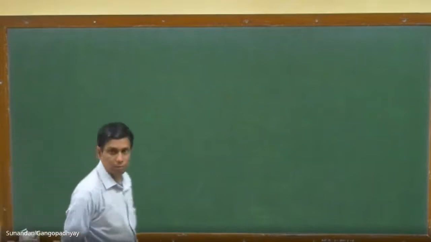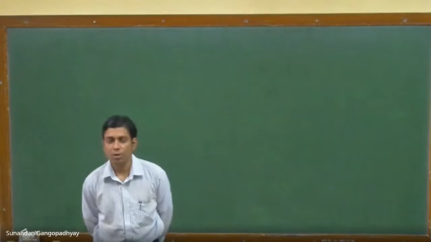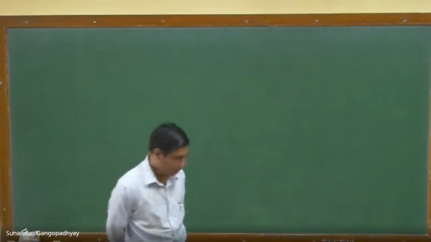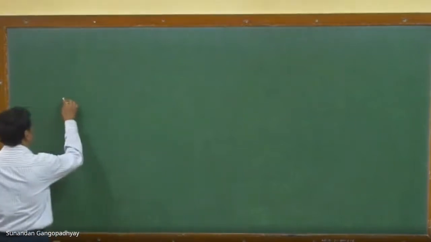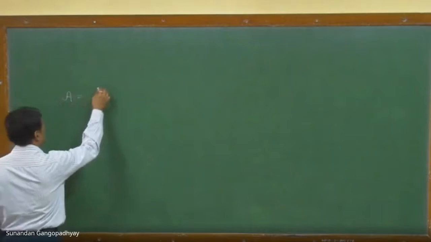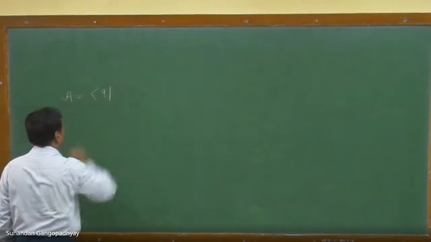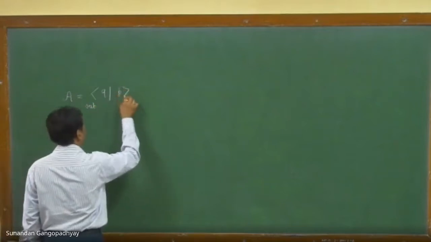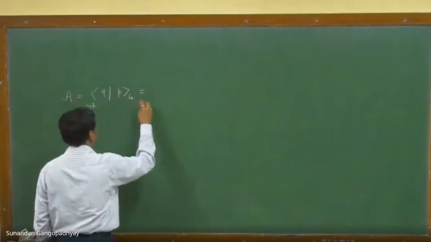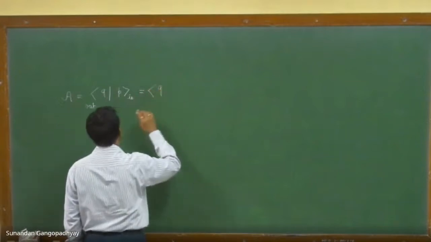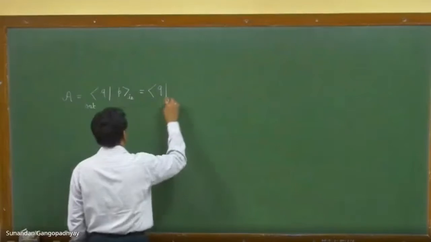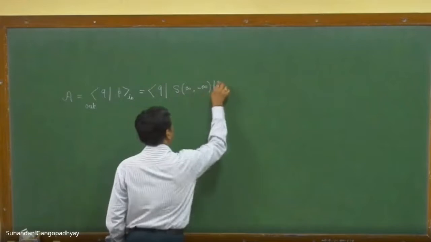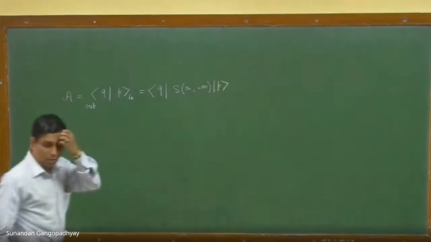So today what we shall do, as I told you in the previous lecture, is calculate this amplitude. We were actually calculating this, and we know that this is basically equal to this.